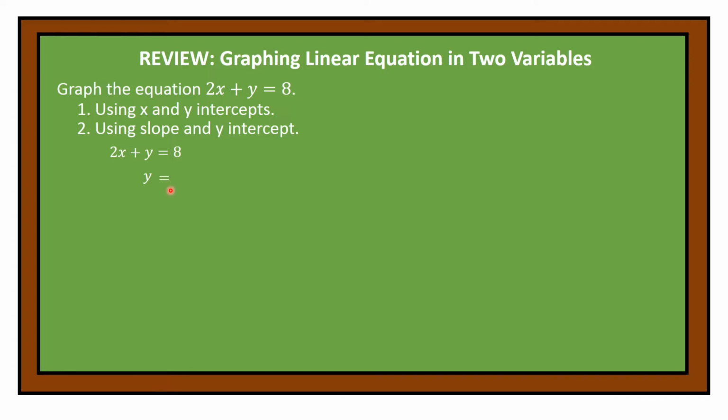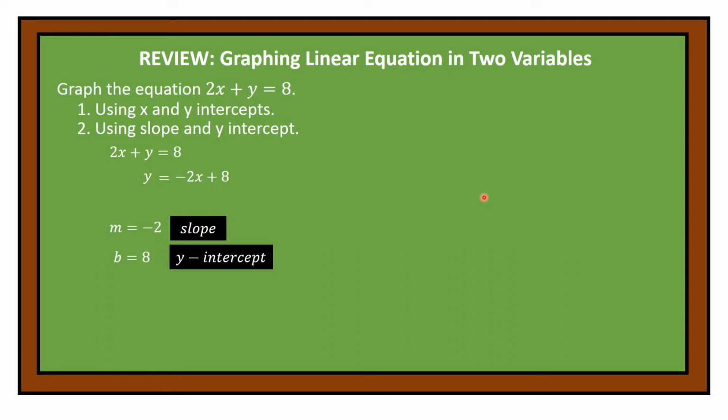And then we have here equals. So itatranspose natin ang 2x. So we have here negative 2x and then copy plus 8. Since this is already in slope-intercept form, pwede na natin kunin ang value ng slope at ng y-intercept. So ang slope natin is equal to negative 2 and then ang ating y-intercept is equal to 8.